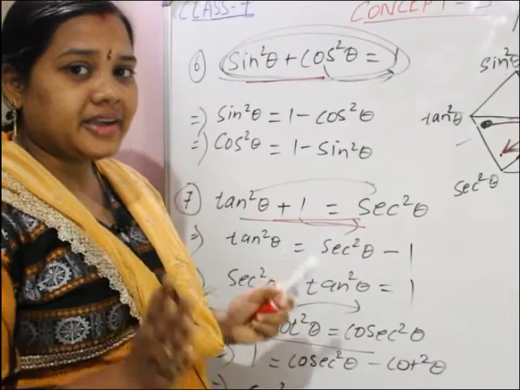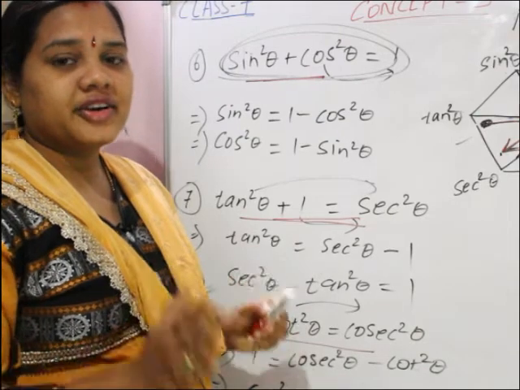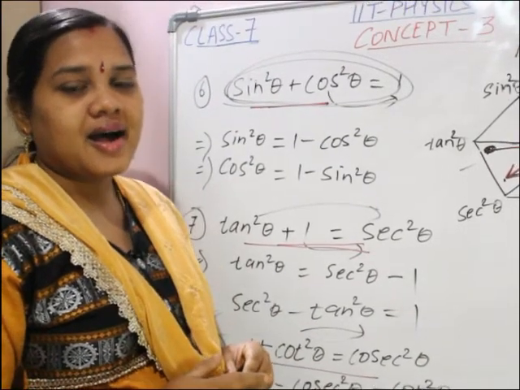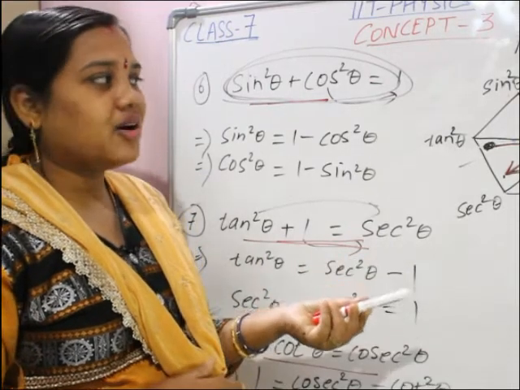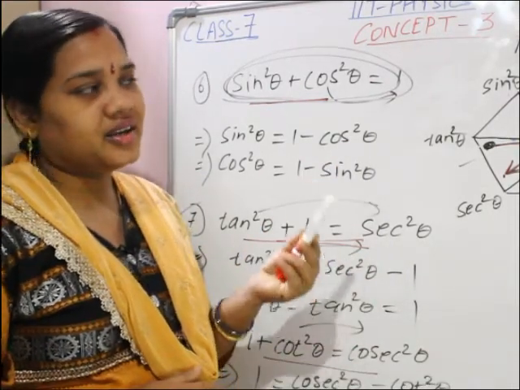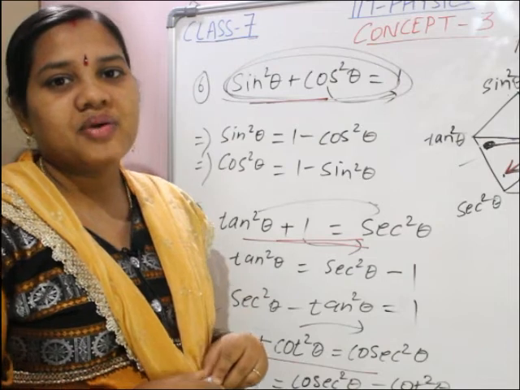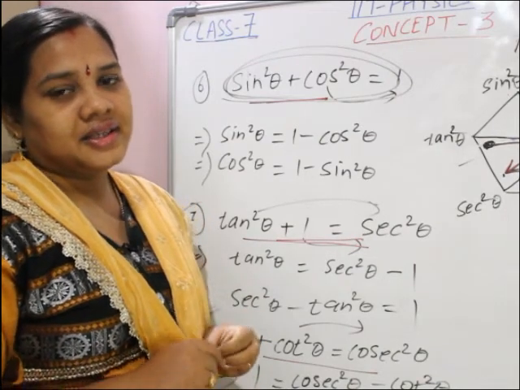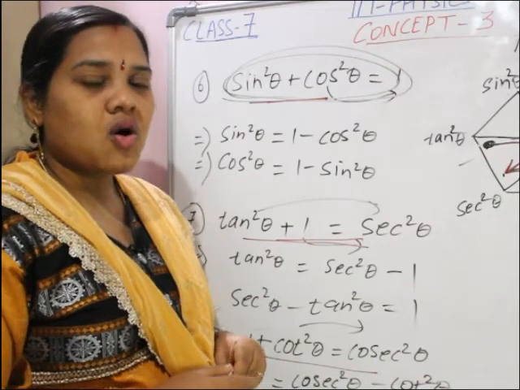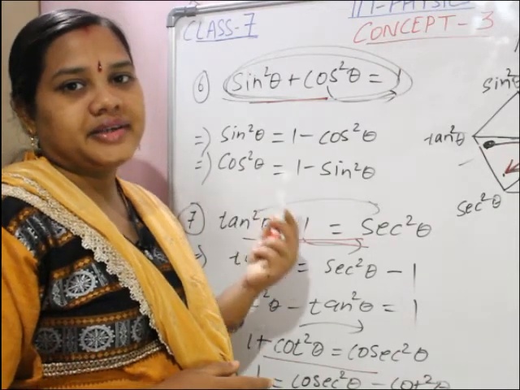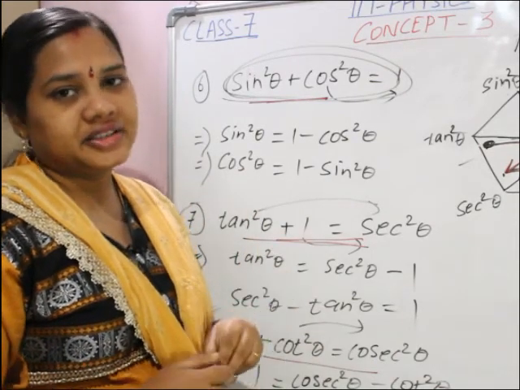We learned 8 important trigonometric identities and we understood how to remember those 8 identities very easily by using the magic hexagon. Next class we will do some sums on these trigonometric identities.